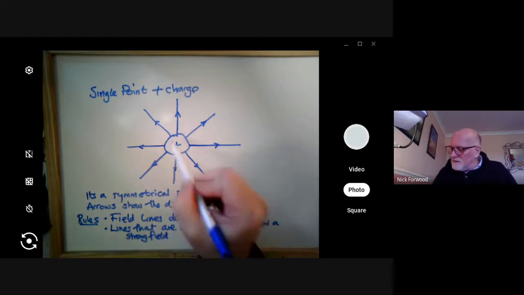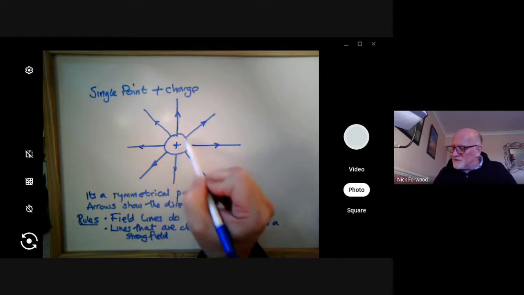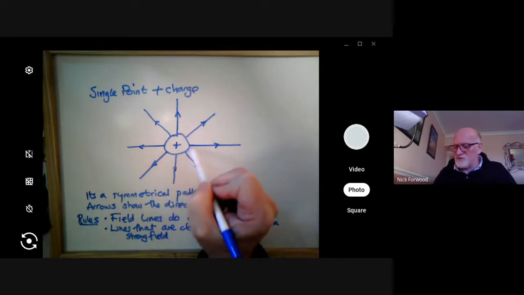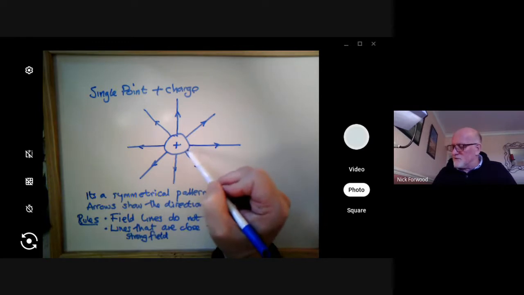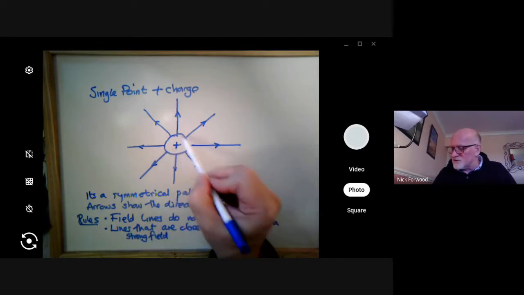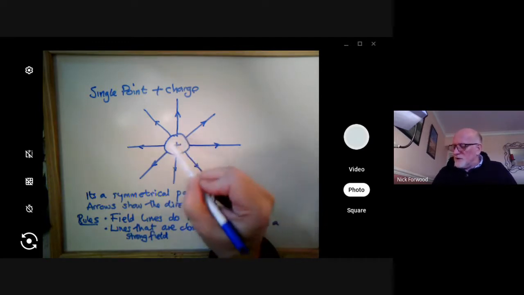So here, right close up to the particle, the lines are pretty close together. You could actually measure them here on my board with a ruler, and it would be about 1 centimeter. So the lines are close together, and so the field near our charged particle is quite strong.